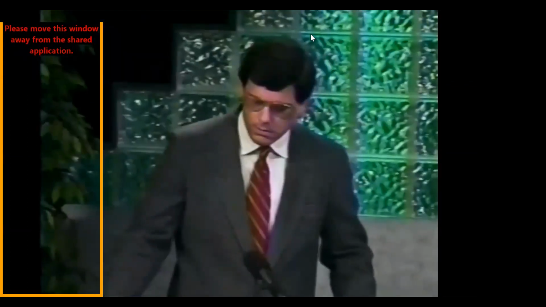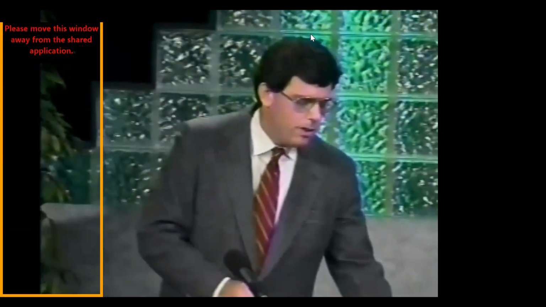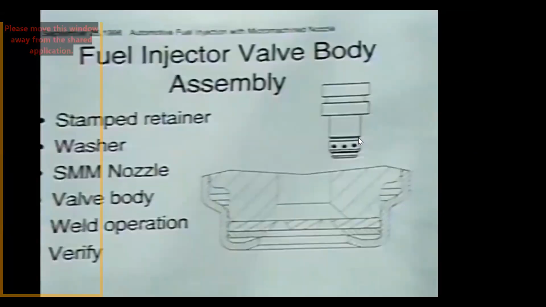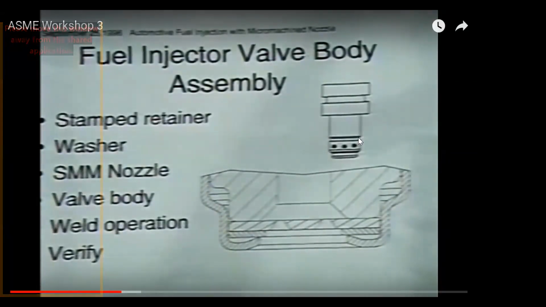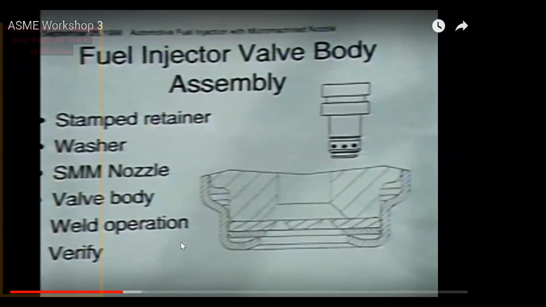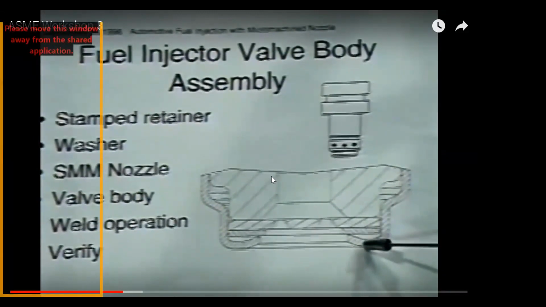The fuel injector valve body assembly, which is where the injector nozzle was destined to go, had to interface with several parts. The assembly consisted of a retainer, which is the outside piece part here.